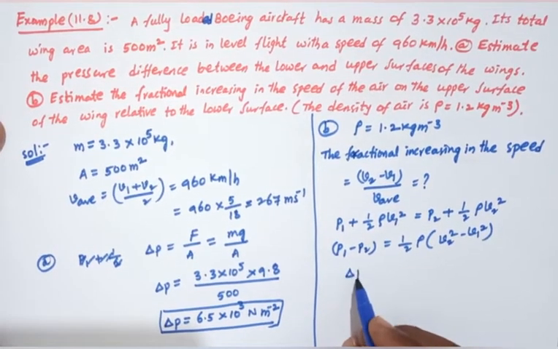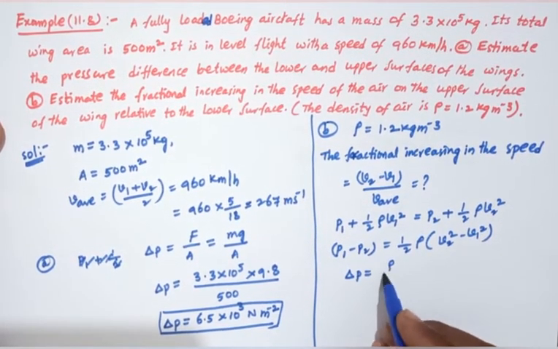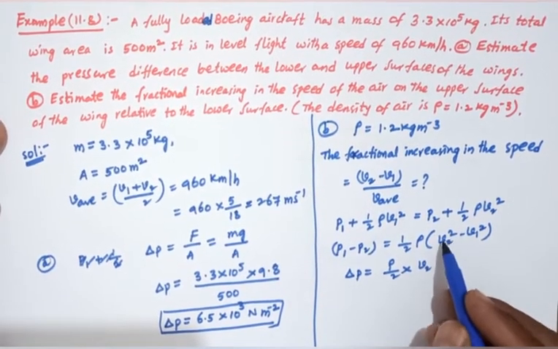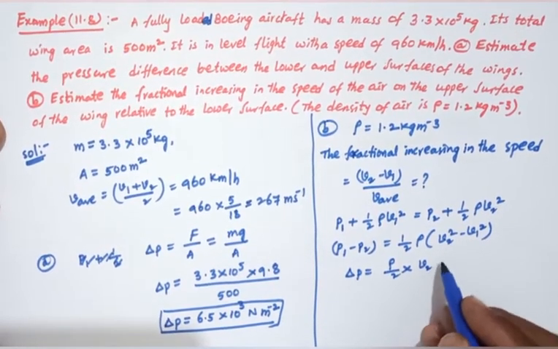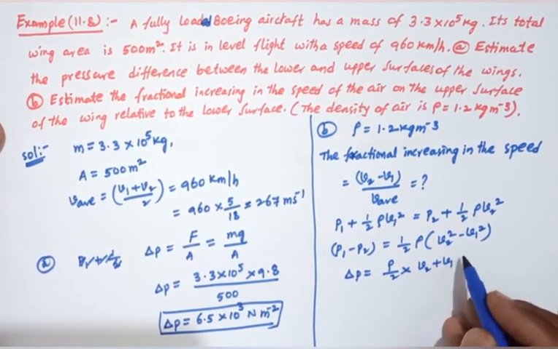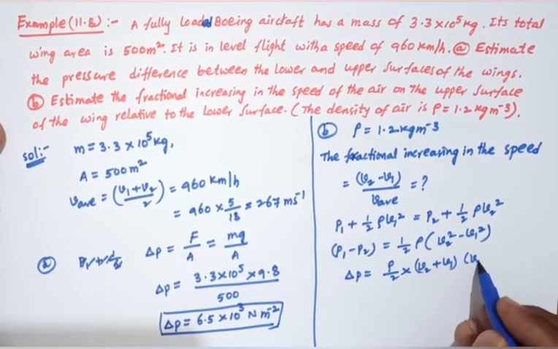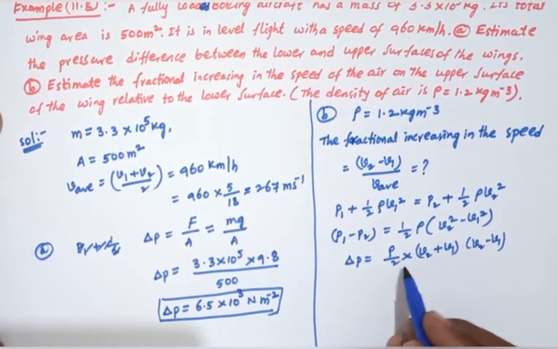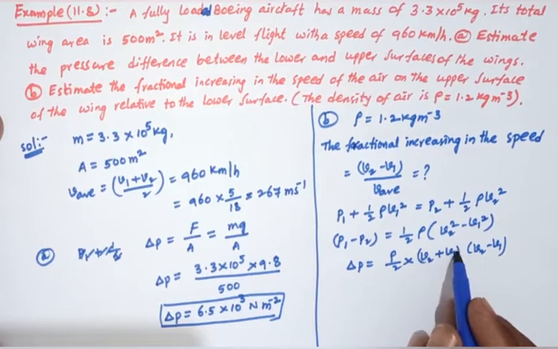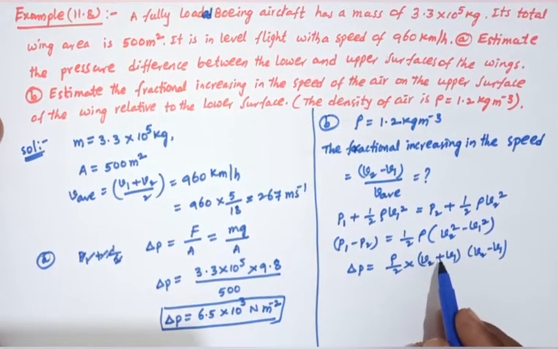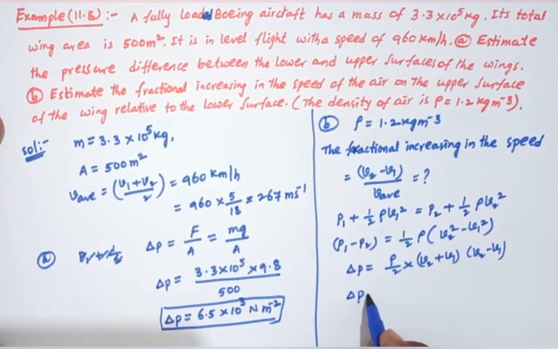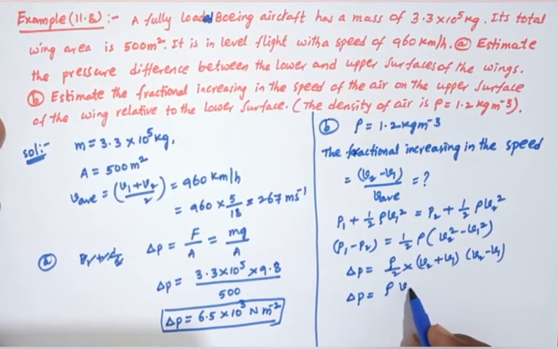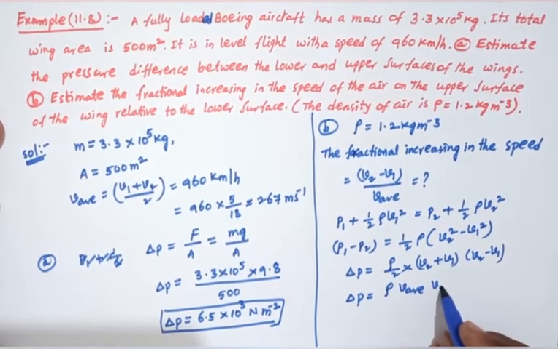This is delta P equals rho by 2 into V2 plus V1 into V2 minus V1, like A plus B into A minus B. V2 plus V1 by 2 equals the average, so delta P equals rho into V average into V2 minus V1.